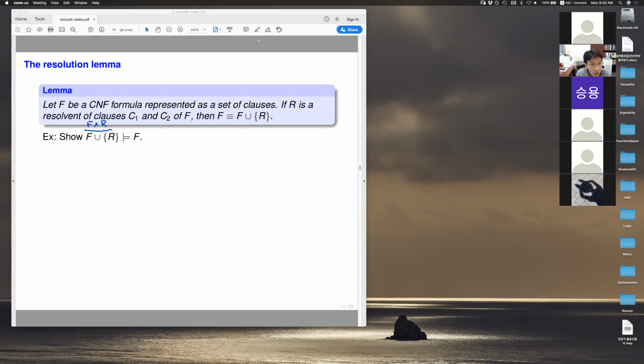Showing this is obvious, but showing the other direction requires some more thinking. So I will give you maybe 2 minutes to try to prove this other direction.